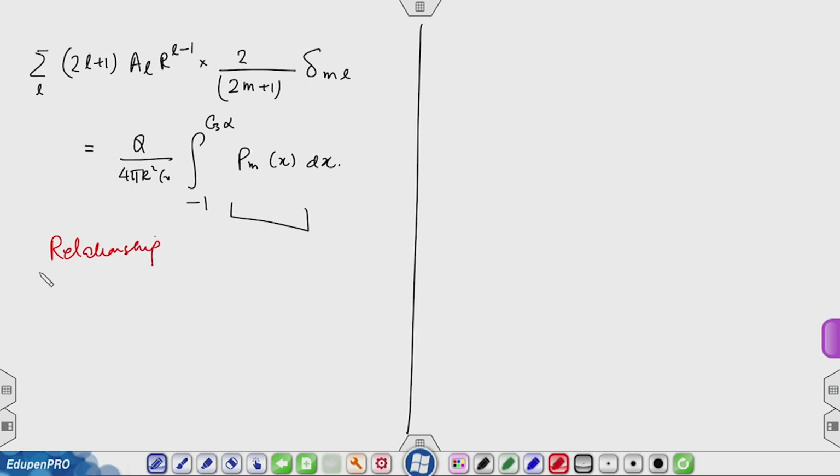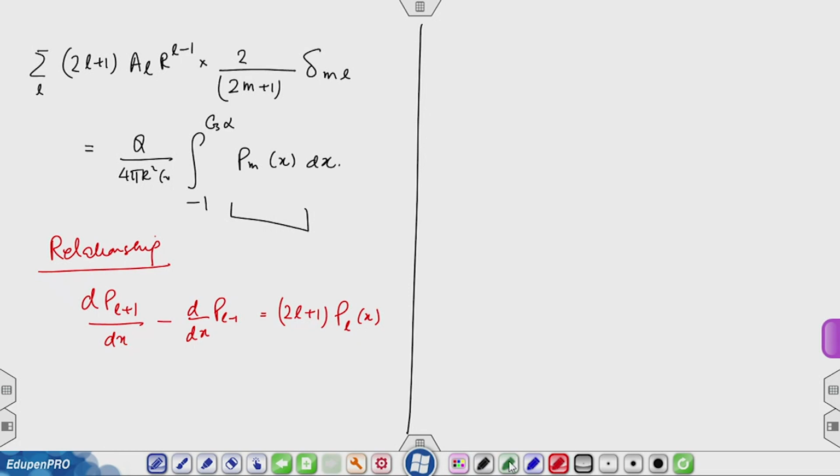And that is what I had said earlier, that you need to use different recursion relations and things like those. And the relationship I am going to use is that d P_(L plus 1) over dx minus d by dx of P_(L minus 1) is equal to 2L plus 1 P_L x.